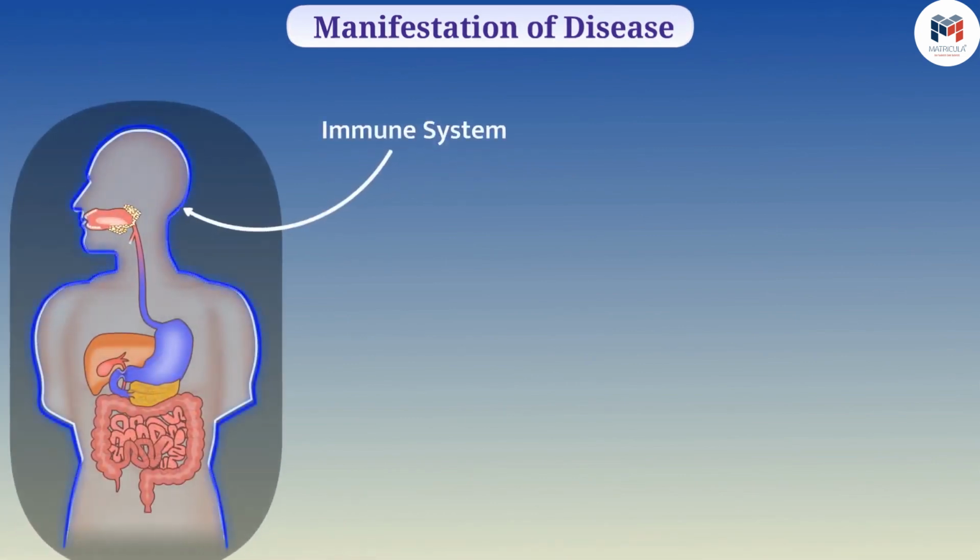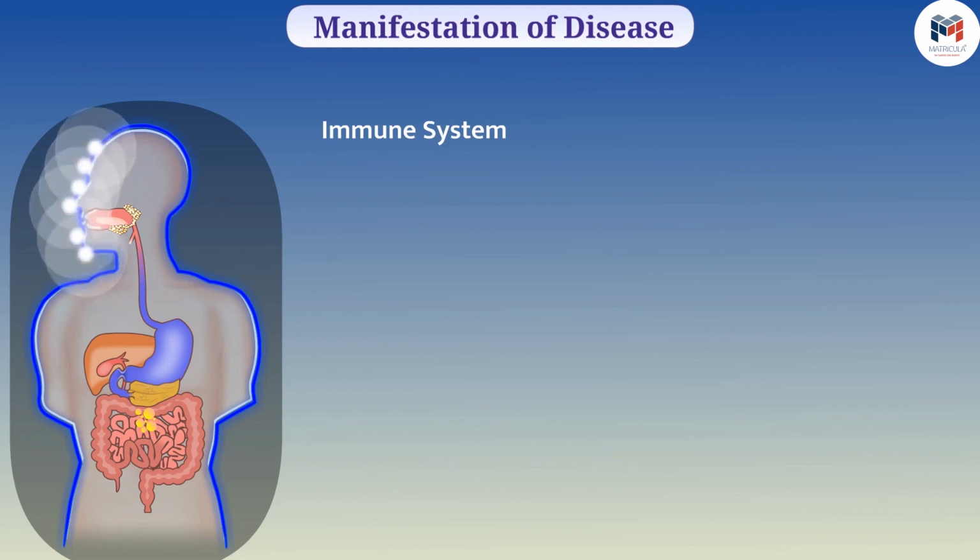The immune system in our body protects us from diseases. When an infection occurs, the immune system becomes active and forms various cells. These cells migrate to affected organs or tissue and kill microorganisms.